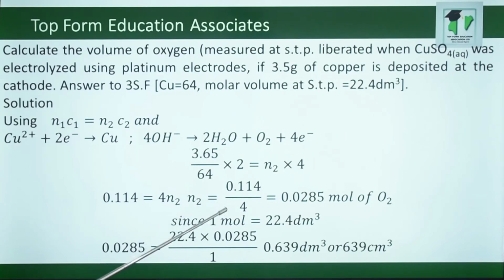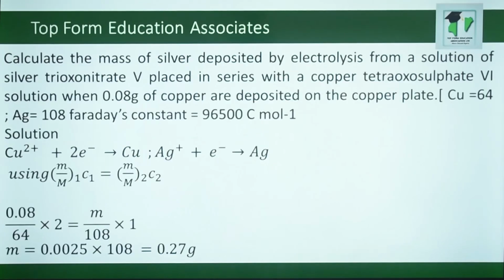Our N2 will be equal to 0.114 divided by 4 to give us 0.0285 mole of oxygen. And since 1 mole occupies 22.4 dm3, that means that 0.0285 moles will occupy 22.4 multiplied by 0.0285 divided by 1 to give us 0.639 dm3 or 639 centimeter cube of oxygen.